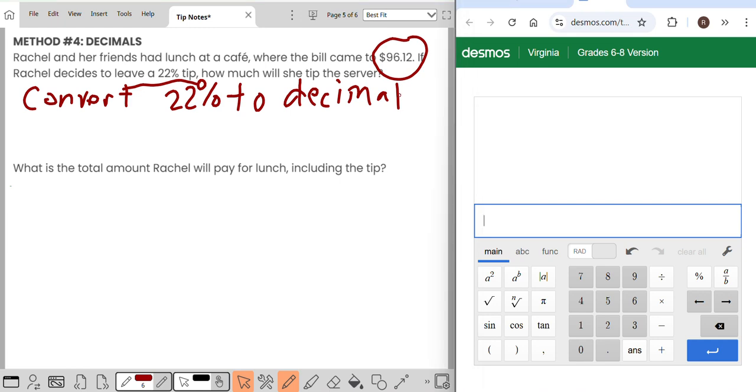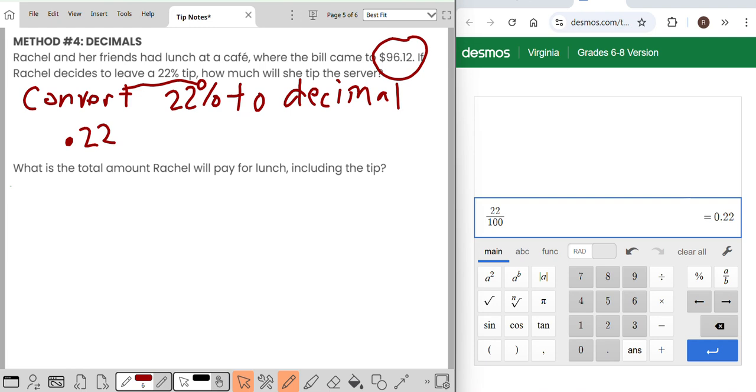So let me show you how to do that. 22% divided by 100 will give you the decimal. So that decimal is 0.22. Then we want to multiply that by the cost of the meal.